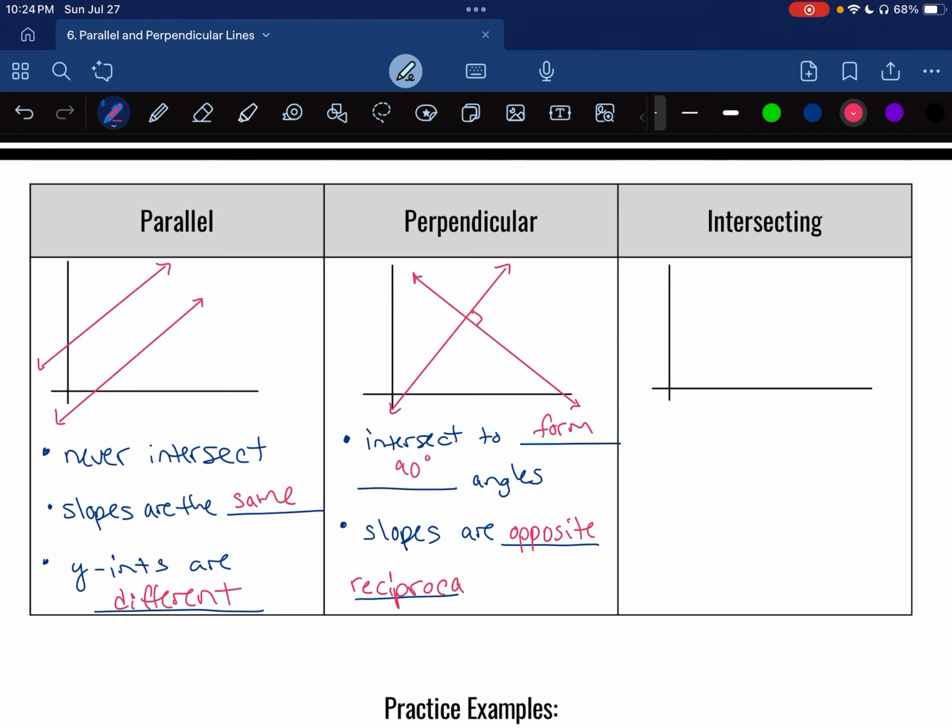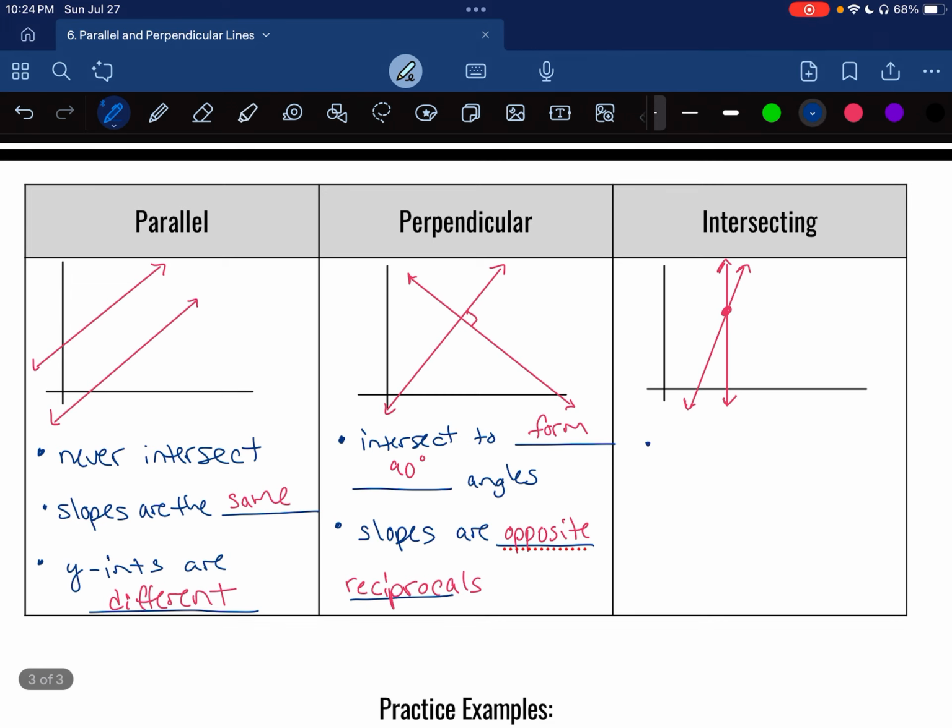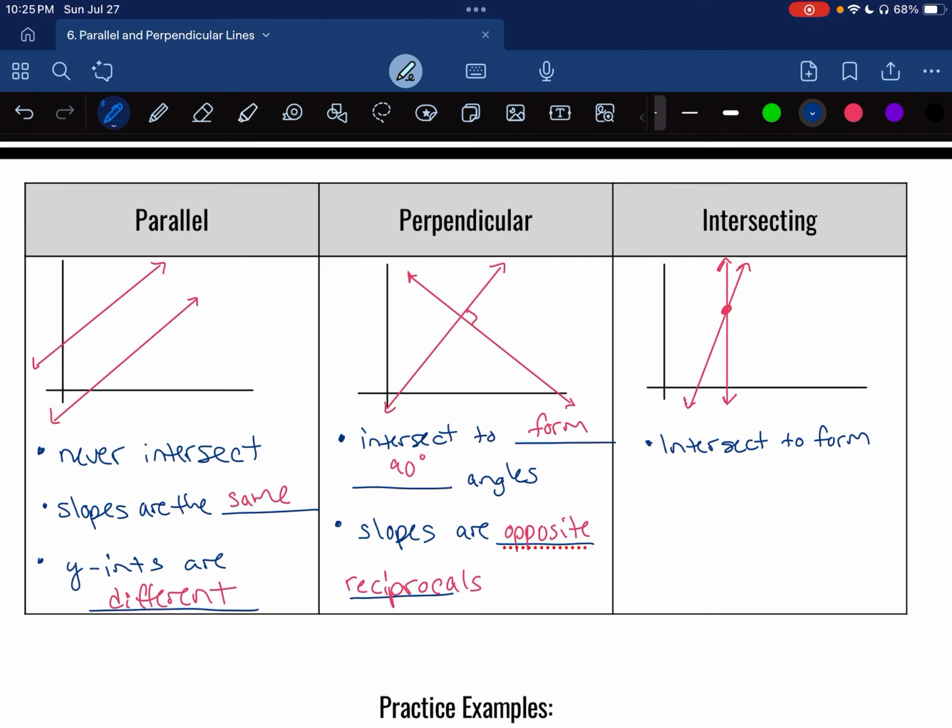Right, intersecting lines look like this. They're just making angles that aren't 90 degrees. So they intersect to form non-right angles, not 90 degrees.